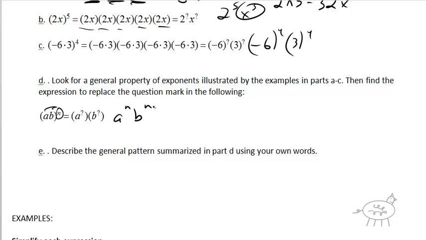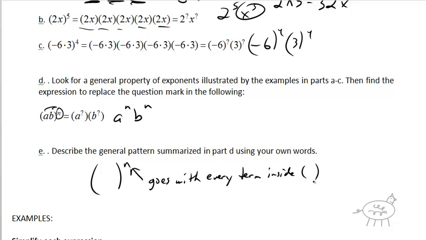I don't know if I can describe the general pattern, but if there's an exponent on the outside, I don't want to say distribute, but it goes with every term inside the parentheses.